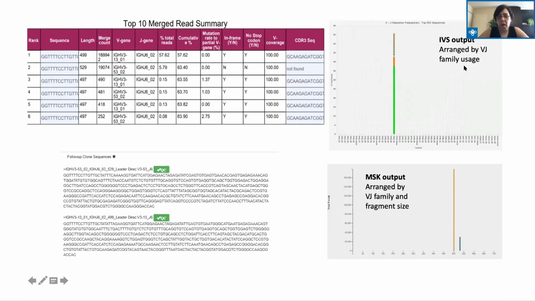We do have our own analysis pipeline, and we actually look at these both by the VJ family or the fragment size, and that's why you see two different clones in here compared to here, because they are actually arranged by size.